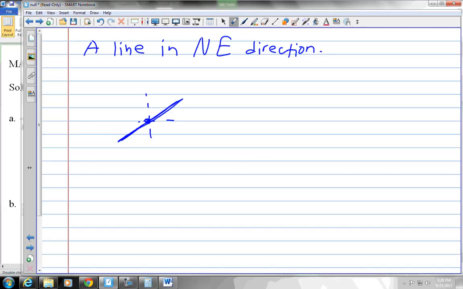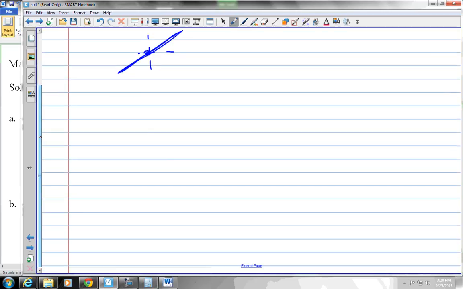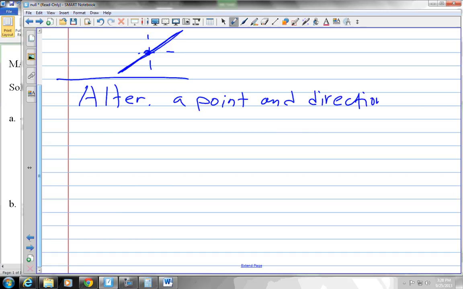So alternatively, and I'm not going to spell that word, so I'm going to stop now. A point and direction define a unique line.